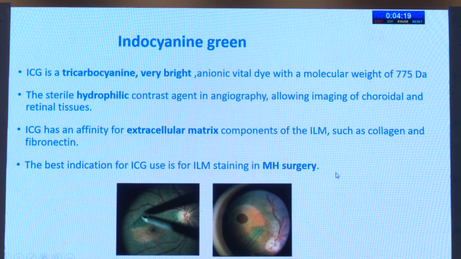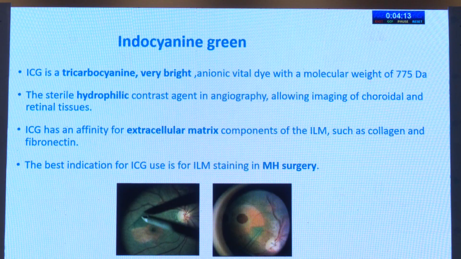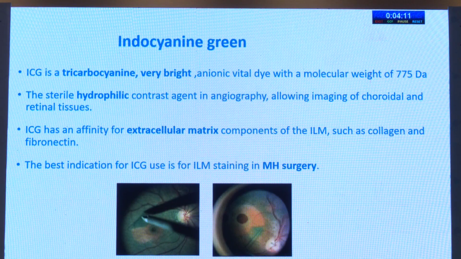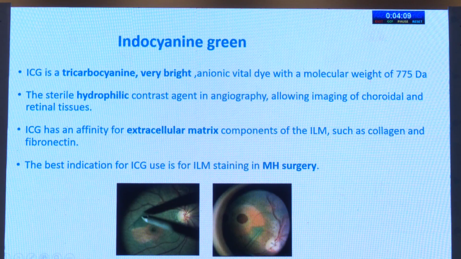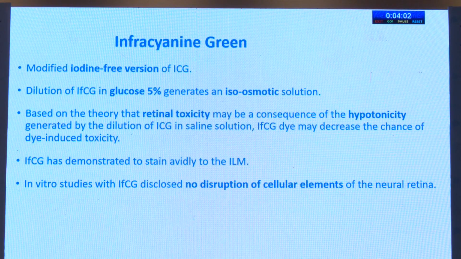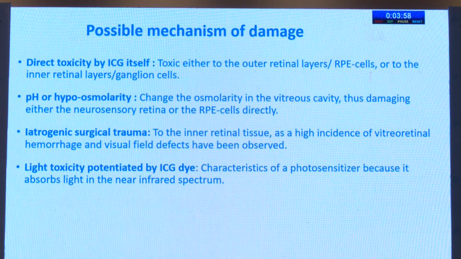So ICG is basically a tricarbocyanine. It's a very bright anionic dye, which has a molecular weight of 775 daltons. ICG has affinity to extracellular components of the ILM, such as collagen and fibronectin. Even ICG we are not using now. Infracyanine green is nothing but an iodine-free version of the ICG. So what is the mechanism of toxicity?